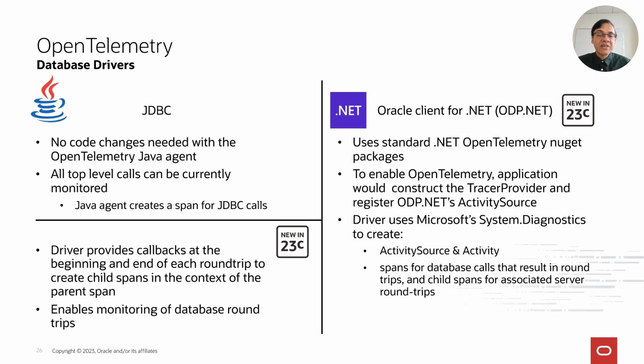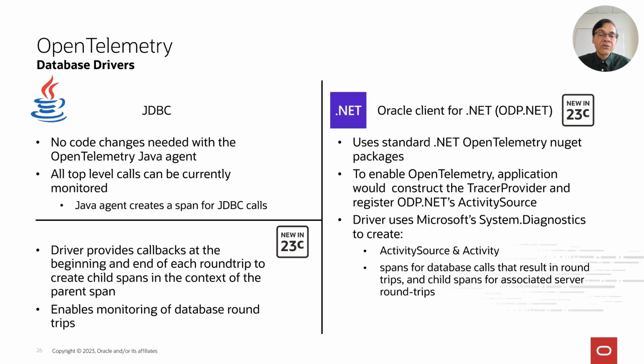Now let us look specifically at what we are doing for JDBC and .NET drivers. For JDBC, as of today, you can monitor all the top-level calls by using the OpenTelemetry Java agent. So what happens is that the Java agent creates a span for all the top-level JDBC calls. So you can monitor all the JDBC calls and also the SQL that is sent on the JDBC calls.